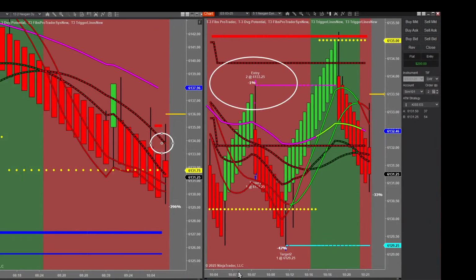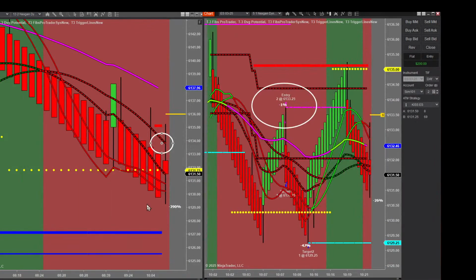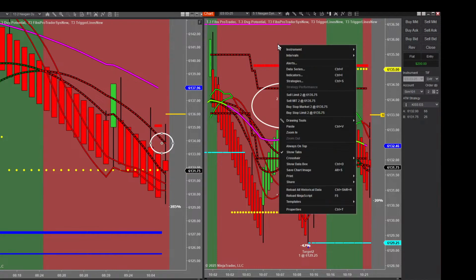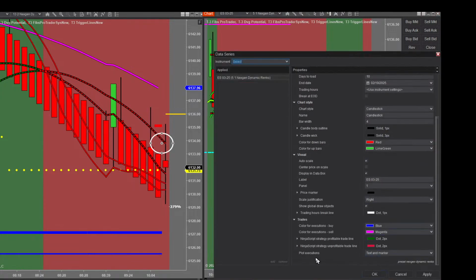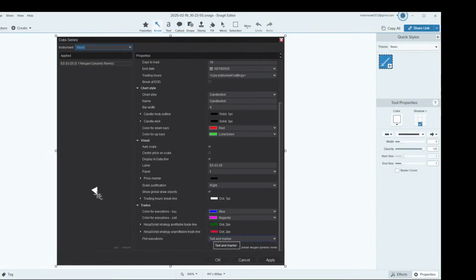And one thing you can do, Dark Horse, are you listening? You got your ears on? Guys, this is for everybody. Right-click on your entry chart. Go to Data Series, and down at the very bottom where it says Plot Executions, make sure that it says Text and Marker.